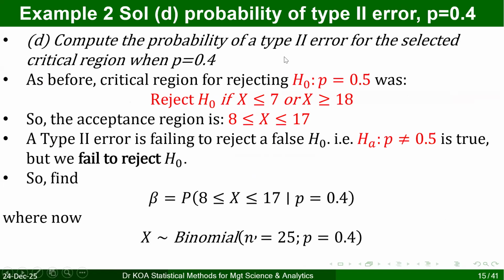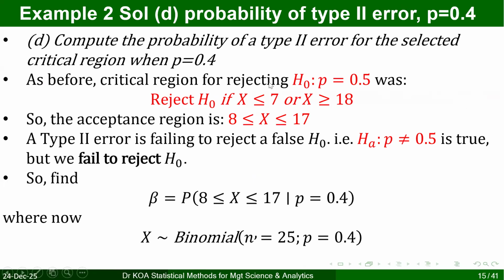Compute the probability of type 2 error for the selected critical region when the P is 0.4. He's giving you a different probability value. The original probability value was 50%. Now he's giving you 40%.